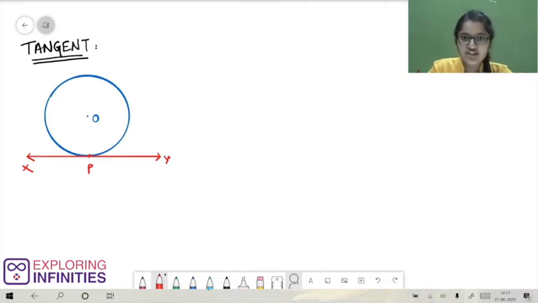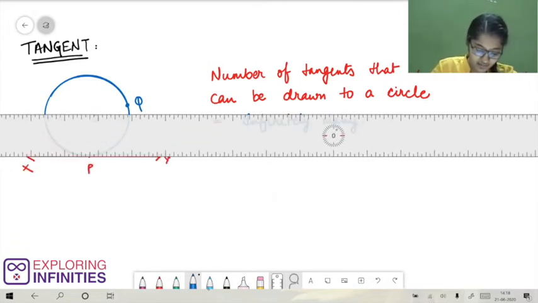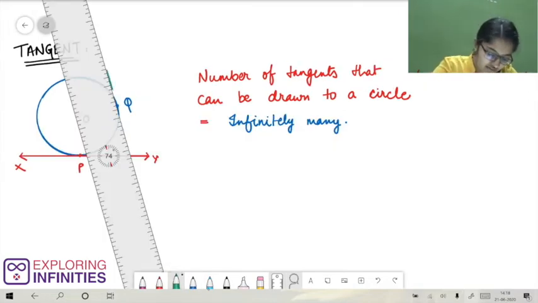At each point, we can draw one tangent. Hence, the number of tangents that can be drawn to a circle is infinitely many. Here, we should also note that at every point on the circle, only one tangent can be drawn. So, if we consider another point Q, here we have a tangent.